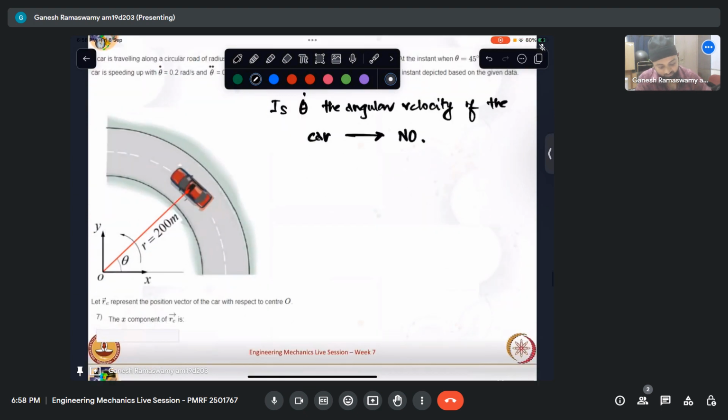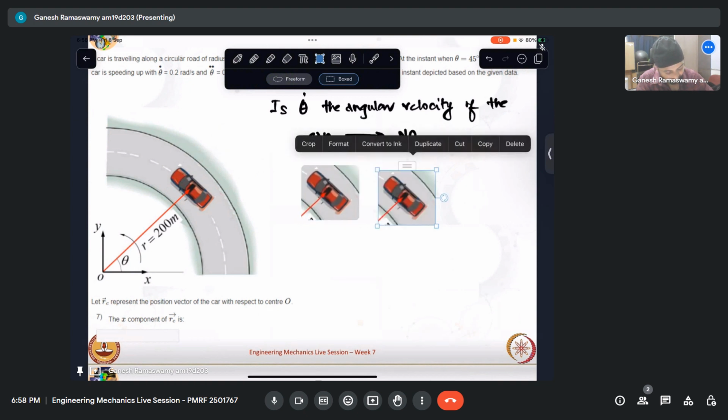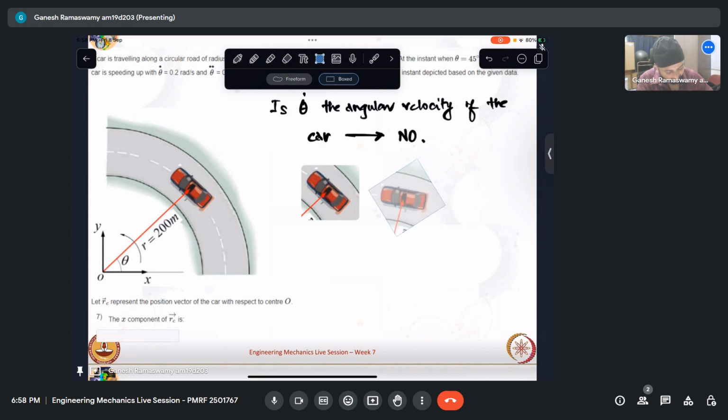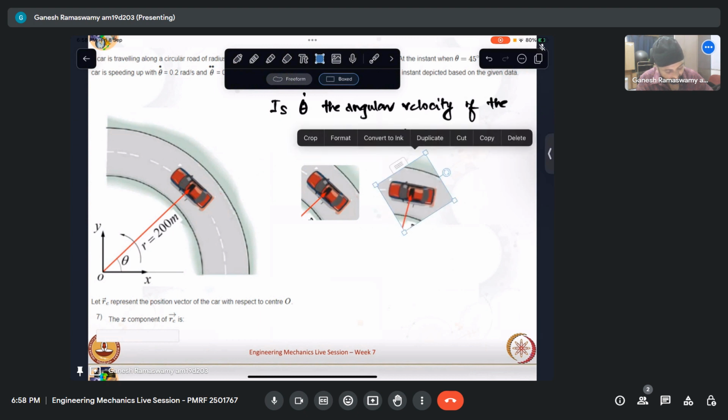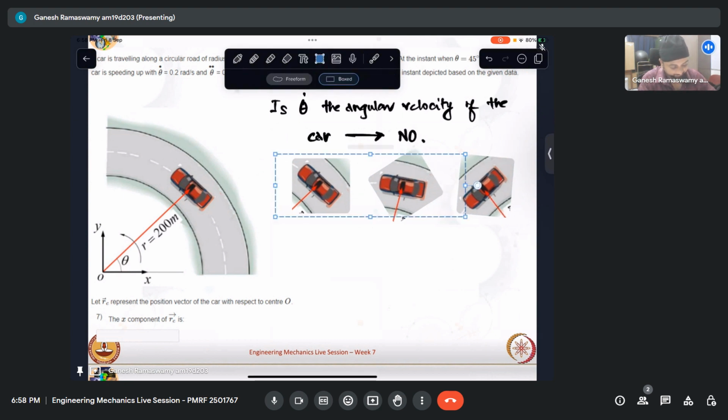If we were to treat the angular velocity of the car, if we consider the car to be rotating, this is when the car is rotating. Such cases pertain to the car's rotation. And this will be about this point.